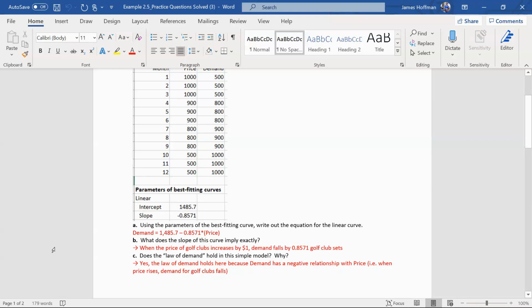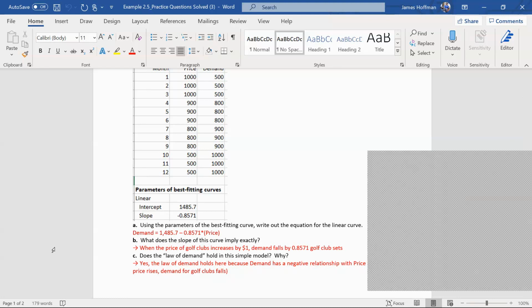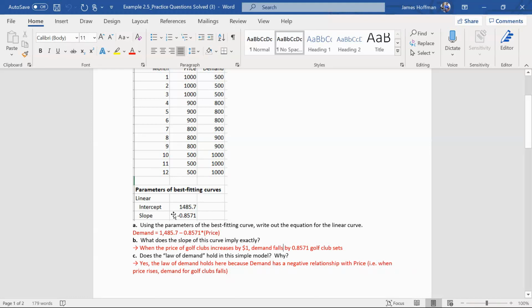When the price of golf clubs changes by $1, demand falls by 0.8571 golf club sets. Remember these are golf club sets. So when the price goes up by $1, demand falls by a little less than a whole set of clubs, about 85% of a club set.